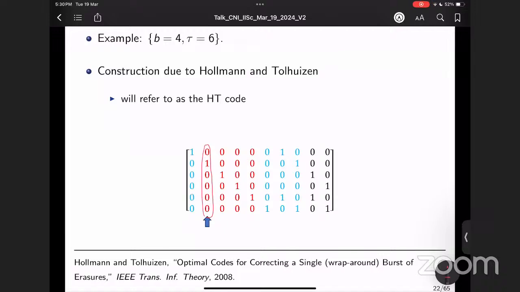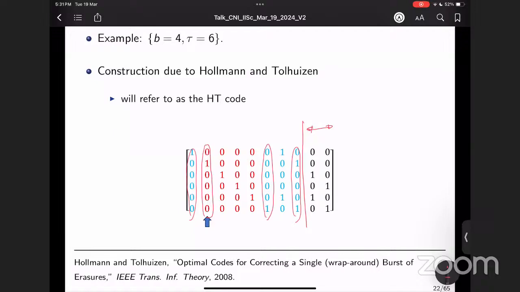Again, due to the delay constraint, I can go only till this point. The last two columns I cannot consider because of the delay constraint, and the burst erasure wipes out all the red columns. The property I want is that column 1 should lie in the span of all the blue columns again. You can see that that's true: if you take these three columns, column 1 is in fact lying in this span.